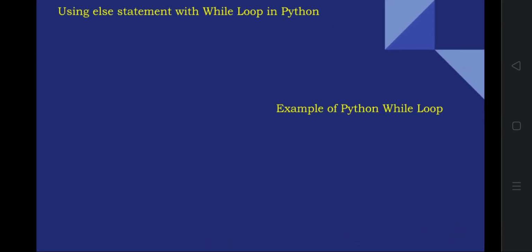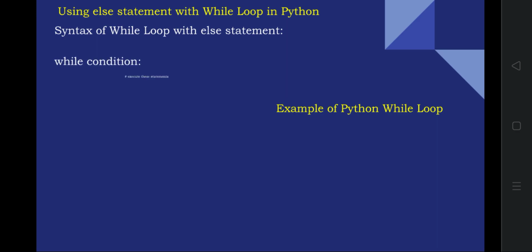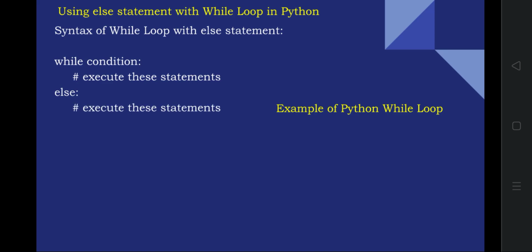Okay, and now the example of using the while statement with the else statement. The syntax of the while loop with the else statement is: while condition, execute these statements, else execute other statements. This is the syntax of the while loop. Let us see the example.